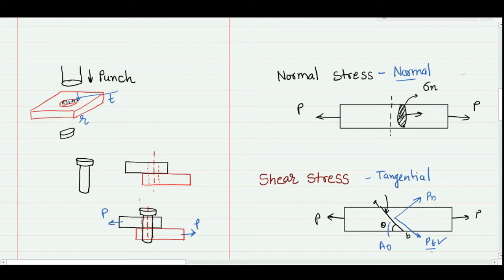I can identify this vertical wall as responsible for resisting the deformation. So the area will be 2 pi r into T. If I assume that I am applying a force F so that I can make this hole, my shear stress will be F by 2 pi r T.